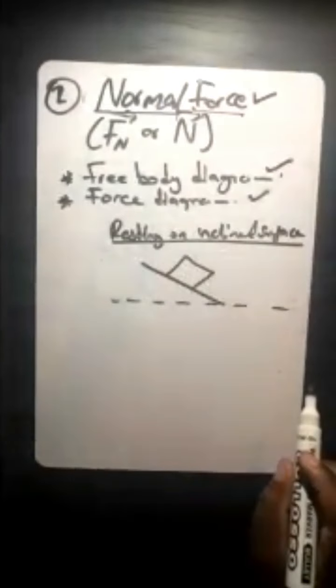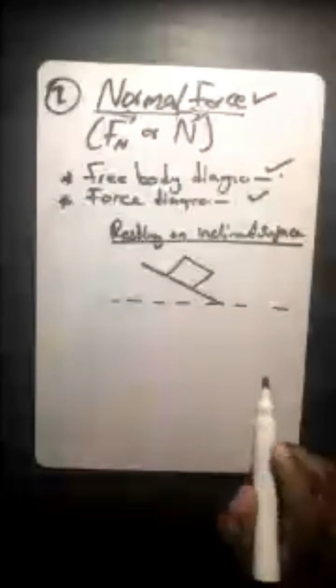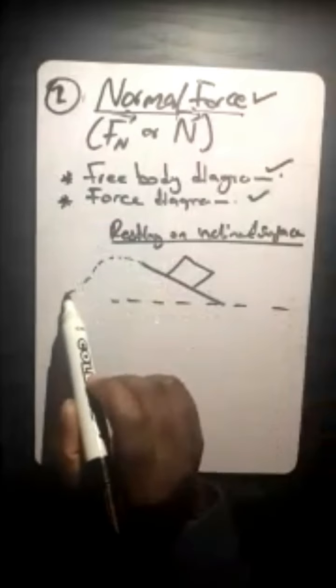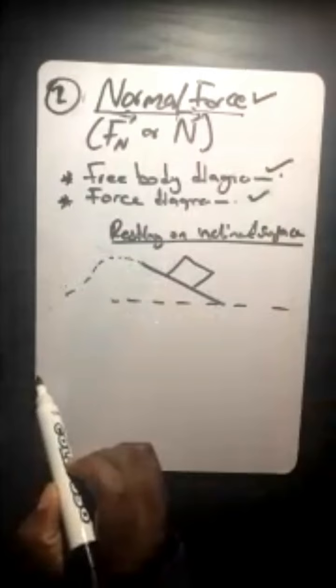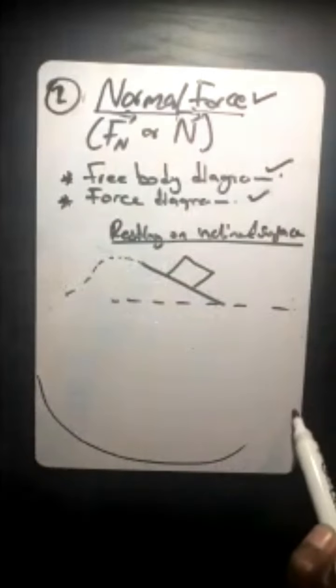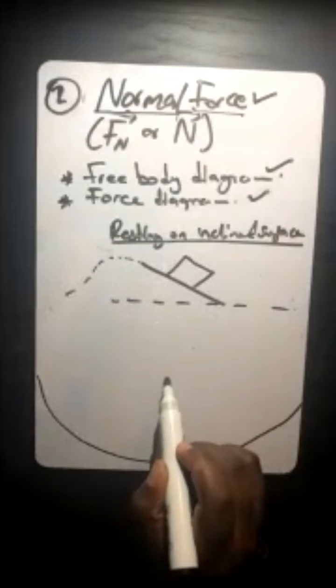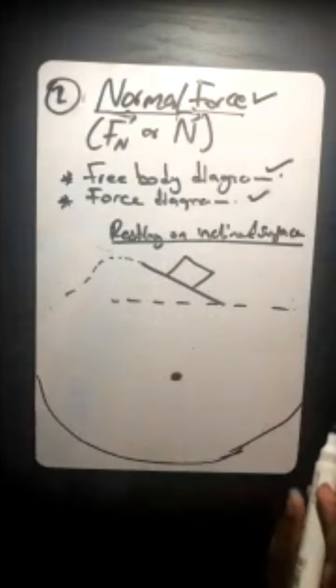So let me do something similar and say we've got a box resting over there. Very, very important, ladies and gentlemen. Remember, guys, this is that mountain, and we end up having that earth. An earth has got a center. So let's say this is the center of the earth.